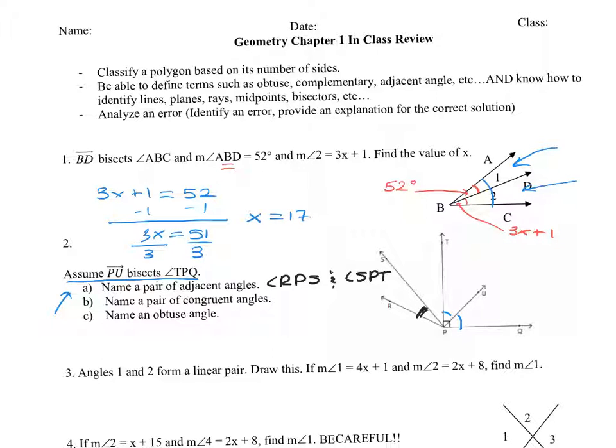So they each measure how much? The box means what? 90, so they each measure 45. Yes. So they are congruent. So you have angle TPU and angle UPQ or QPU. You can name it either way, remember? As long as that vertex is in the middle.